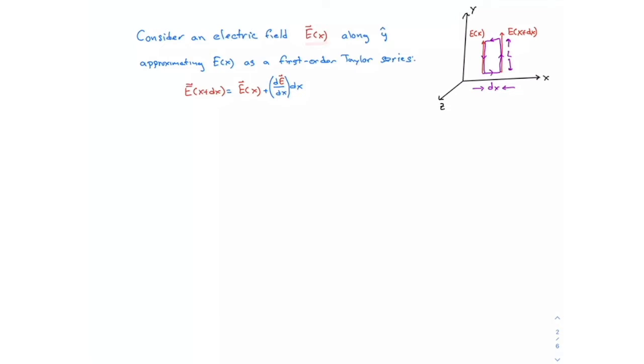So if I expand E of x and want to evaluate it at a neighboring point, E of x plus dx, that's going to equal the value at E of x plus whatever the slope of the electric field with respect to x is, times the distance away I am from x. Okay, so that's just the first order term in a Taylor series expansion of E of x. And this is a tool that we'll use to simplify our calculations.